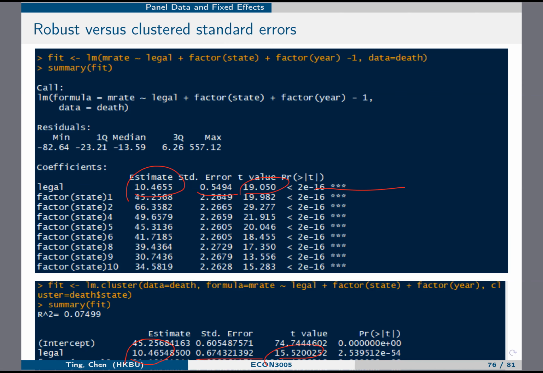The t-value is still very significant, okay? But with a larger standard error, we're less likely to make the Type I error by using the cluster standard error.